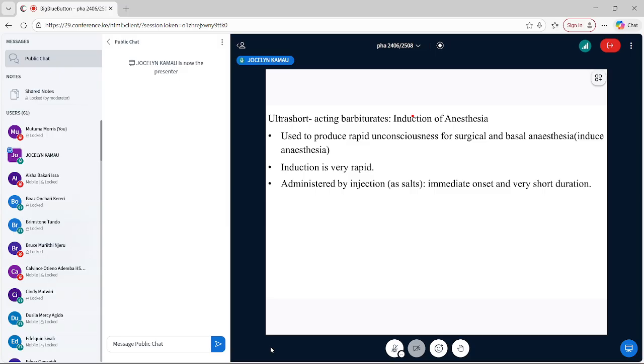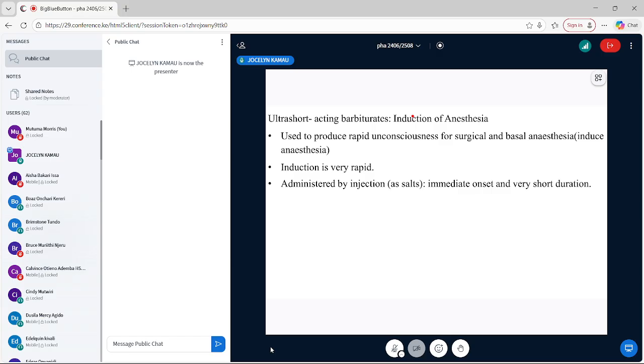So when you look at these drugs, let us look at whether they have alkyl chains. There are other factors I'll discuss on the way, but one of the factors I want us to look at: do they have alkyl chains? Do they have unsaturated alkyl chains? And do they have very high lipid solubility?